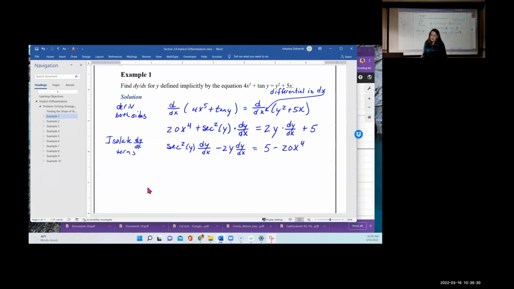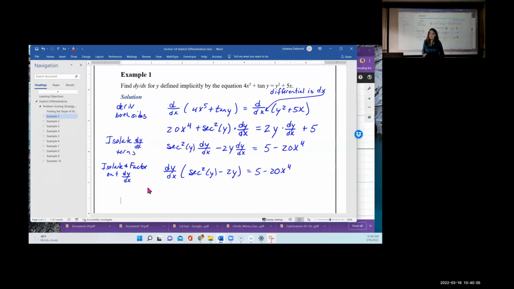Now I want to isolate dy/dx by factoring it out. So I factor out the dy/dx, and that leaves behind secant squared of y minus 2y equal to 5 minus 20x to the fourth. Nothing happens on the right side. It only happens on the left side.